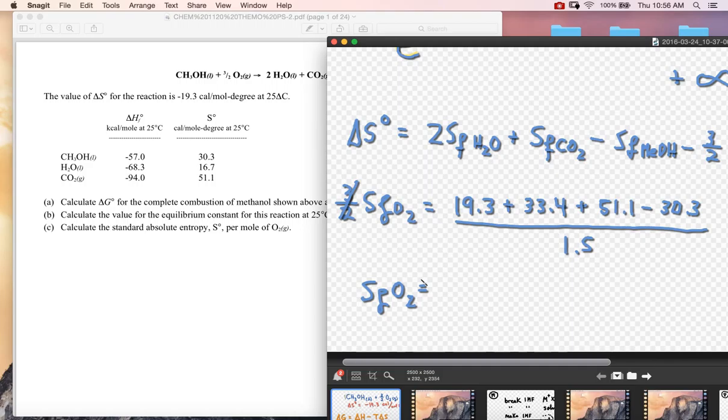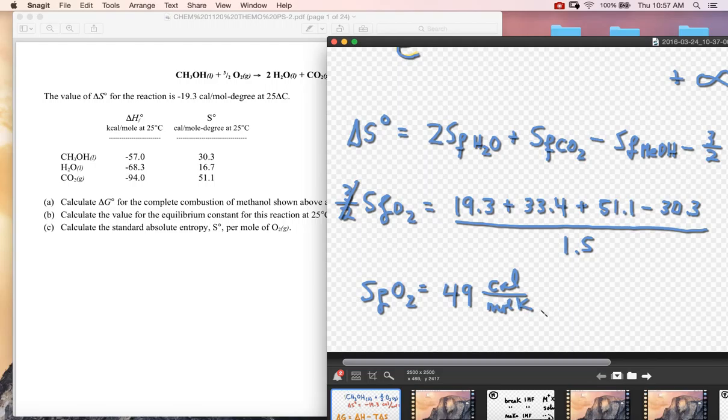So now again, it's just going to become a plug and chug type problem. We have 19.3 plus 33.4 plus 51.1 minus 30.3 divided by 1.5, and we get an answer of 49 calories per mole Kelvin.